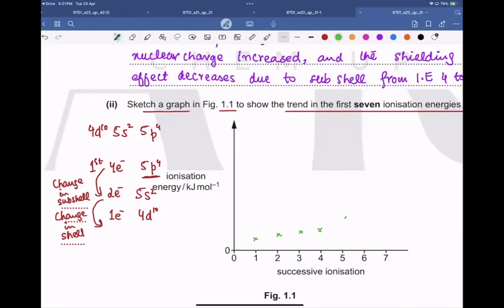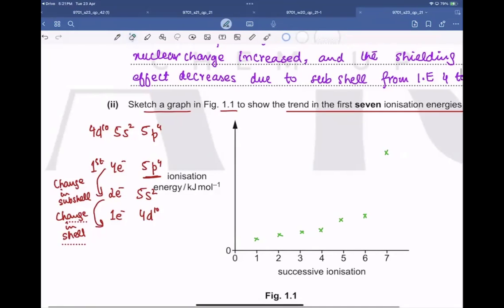So there is a little increase over here at the 5th, and then there is a gradual increase to the 6th. And then the 7th electron is actually getting released from the inner shell, the 4th shell, not from the 5th shell. So that's why there is a very big increase in the ionization energy.